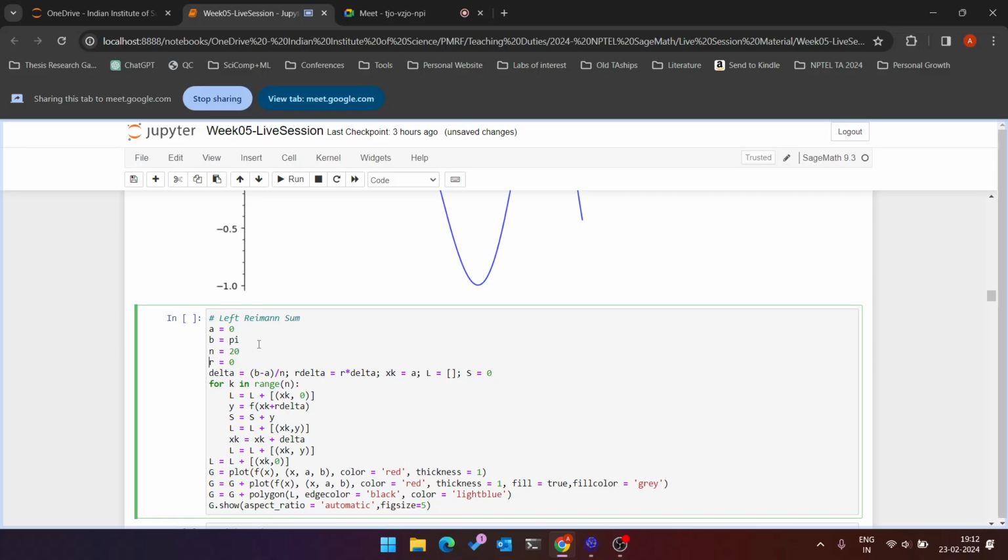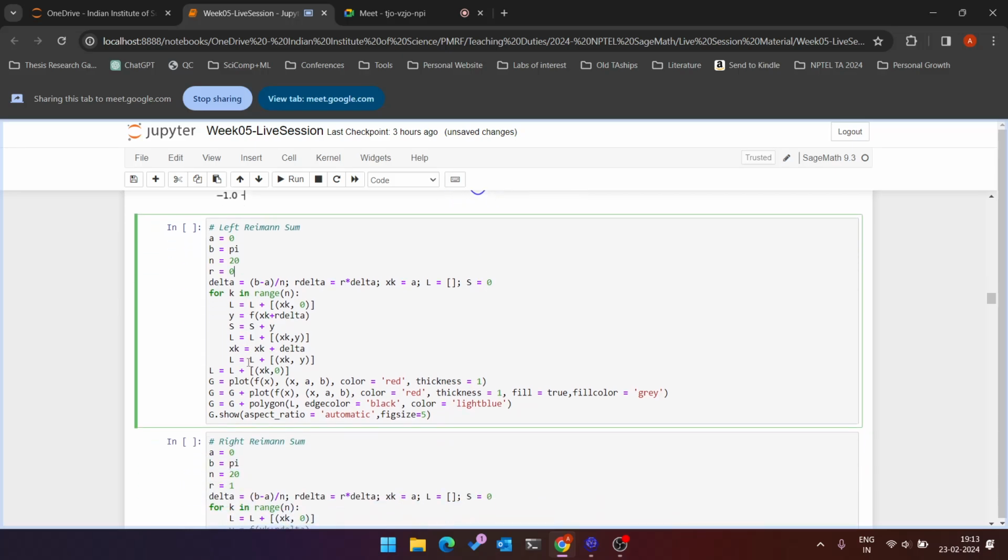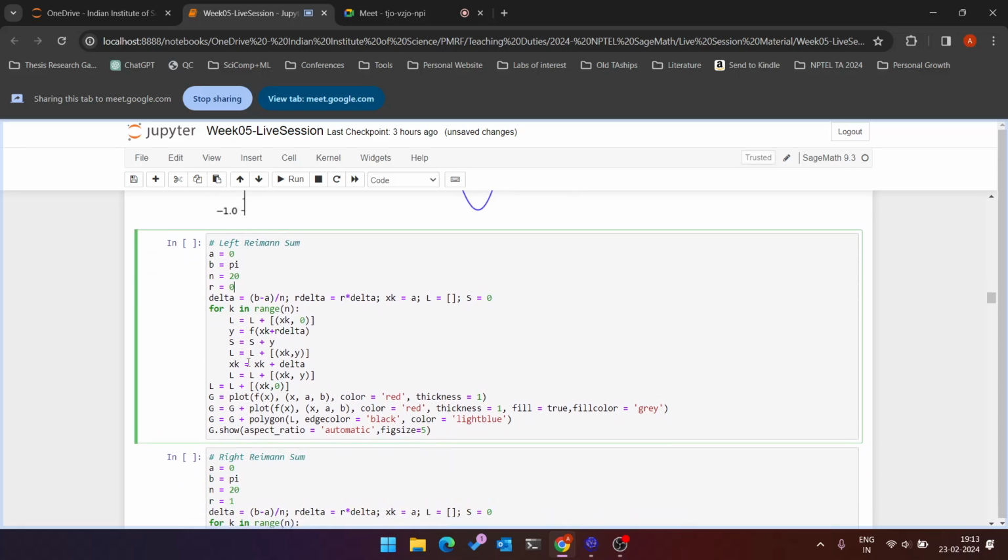To define it, we'll first specify our bounds, which are a and b, and the number of bins. This r is a factor that differentiates whether we are at the left end of the bin, the right end, or the midpoint of the bin. We define delta as the width of each bin, that is the difference between the limits divided by the total number of bins.